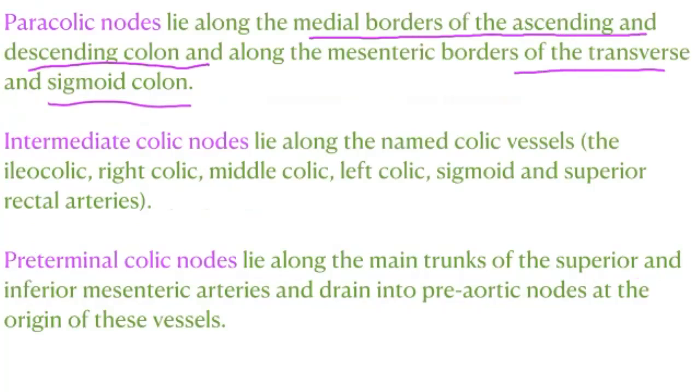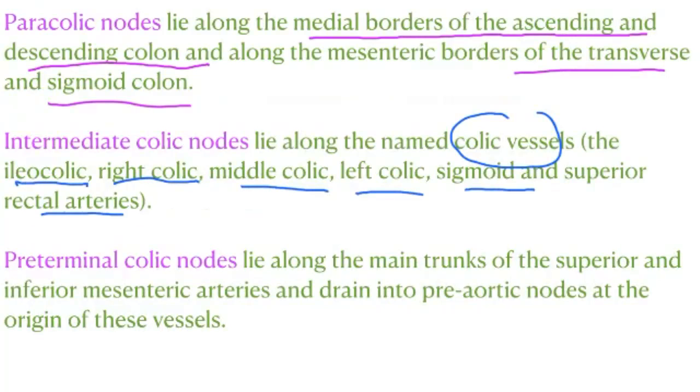Intermediate colic nodes lie along the named colic vessels: ileocolic, right colic, middle colic, left colic, sigmoid, superior rectal artery. So these are the colic arteries, right, vessels. So these are called intermediate colic nodes. Pre-terminal colic nodes lie among the main trunks of the superior and inferior mesenteric arteries and drain into pre-aortic nodes at the origin of these vessels.